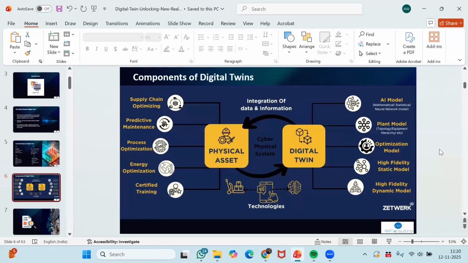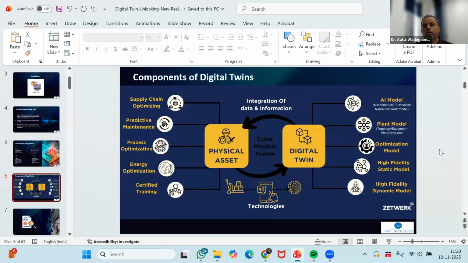Please mute yourself. So when we talk about the components of a digital twin, one is the physical asset and the second is the digital asset or digital twin. They are connected through data and information and various technologies. On the left-hand side of your screen, you can see that the supply chain is connected, the maintenance aspect is connected, the processes are connected, energy optimization, and similarly we can use it for training purposes also.